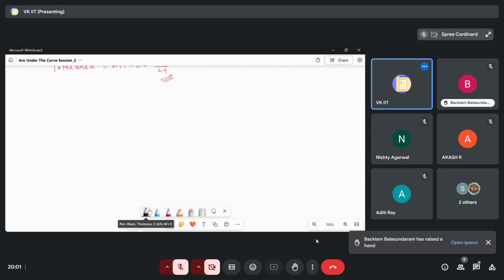Next question. Again, it will be a simple question, okay? Just for your practice. It is, I guess, the fourth question. So the area enclosed between y is equal to x square and y is equal to 3x minus 2 from x is equal to 0 to x is equal to 2 is.